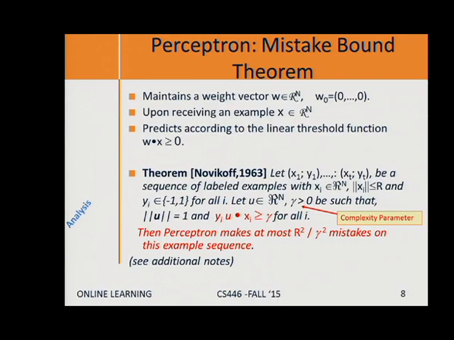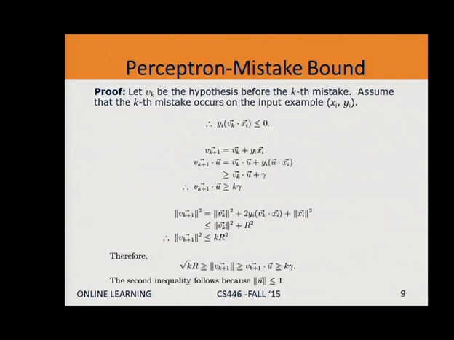So you can write it twice, once for positive example, once for negative example. But I just wrote it in one statement for all examples. It's essentially something that you've seen in the first problem set. We've written it both ways, but here I'm just collapsing it to one inequality.